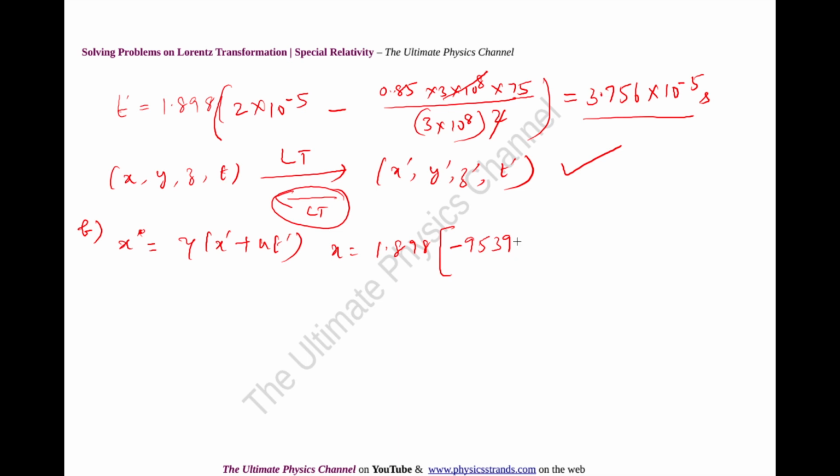I'm trying to use those values now to plug in those numbers and get back these things. So here it is 0.85 into c, that is u, right?